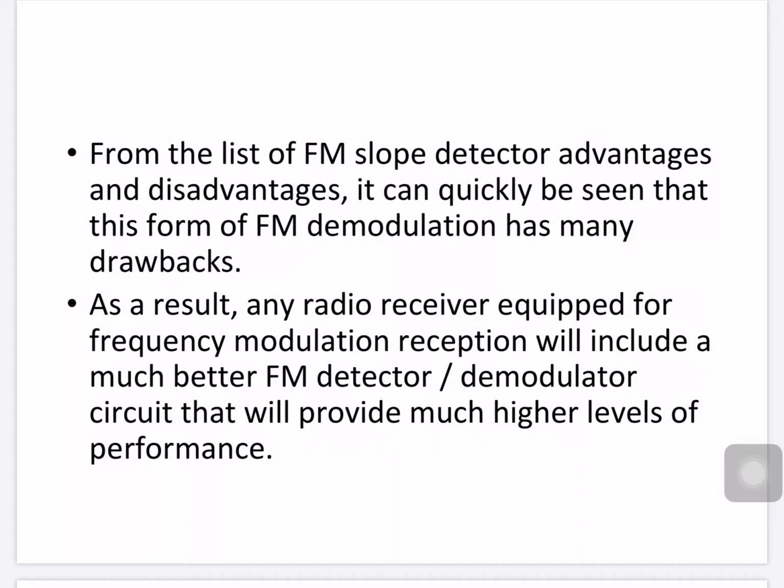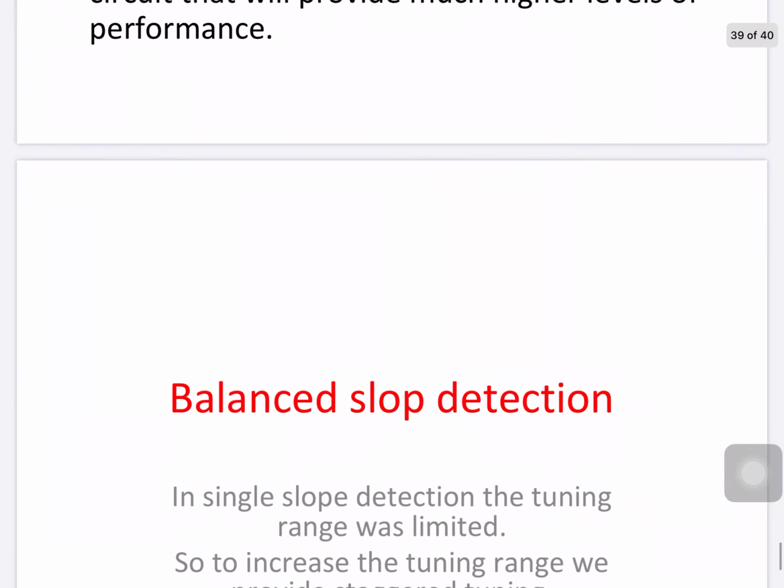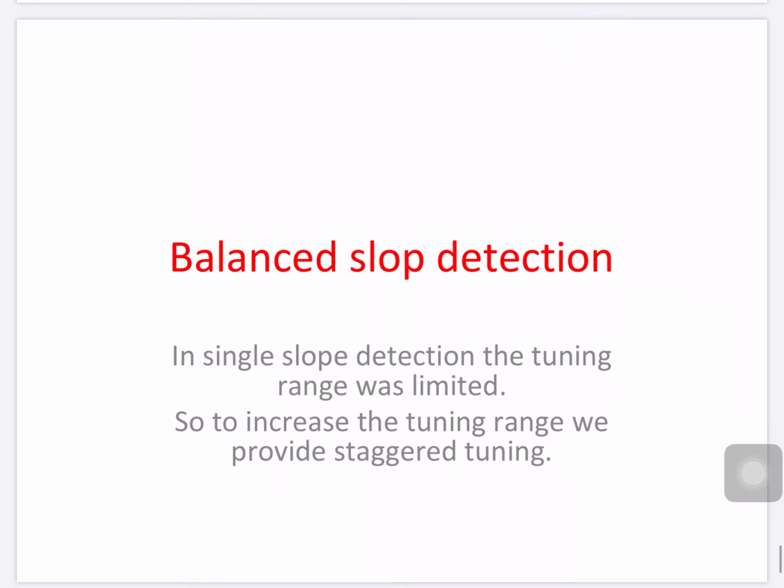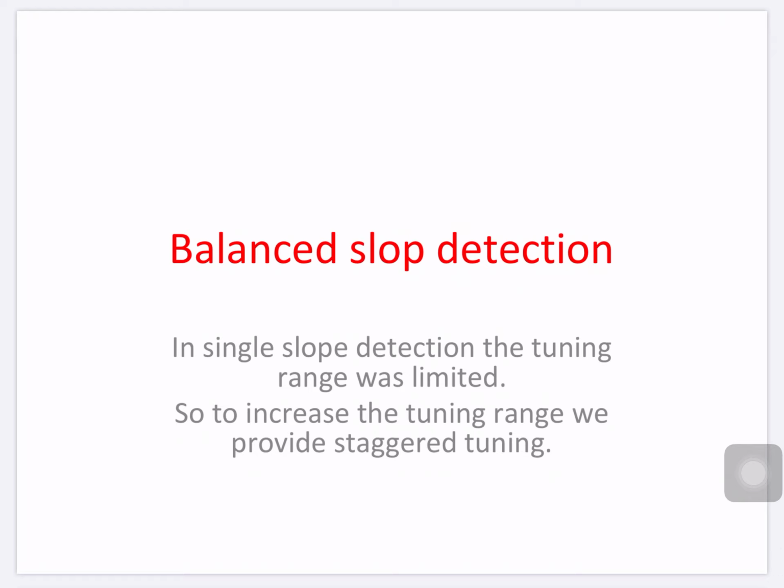As a result, any radio receiver equipped for frequency modulation reception will include a much better FM detector or demodulator circuit that will provide a much higher level of performance. So as a solution to this linearity problem, we have developed another, advanced detection method which is called balanced slope detection.